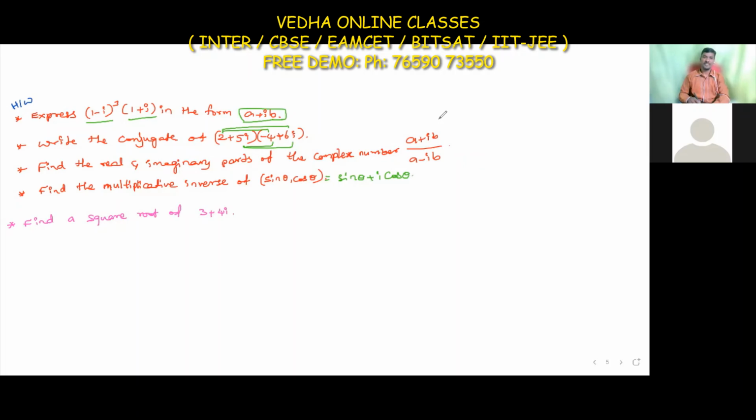So next, find the square root of 3 plus 4i. We can continue. So this is a square root related problem.